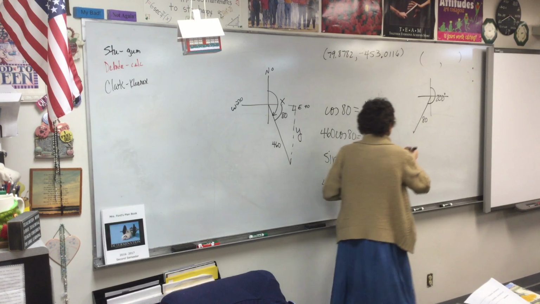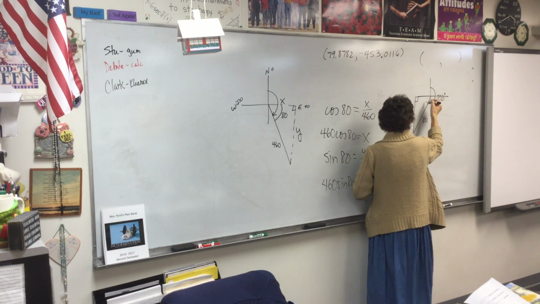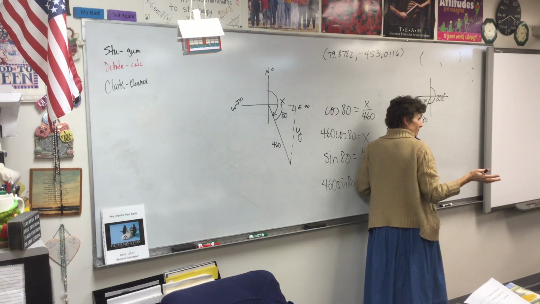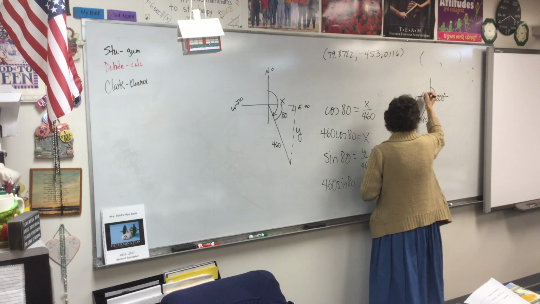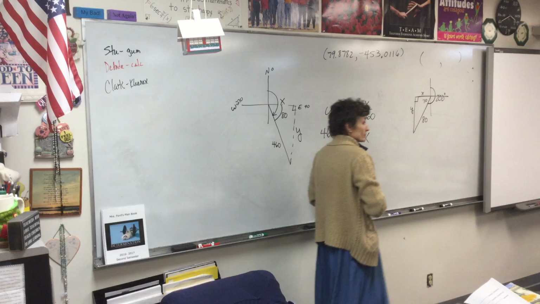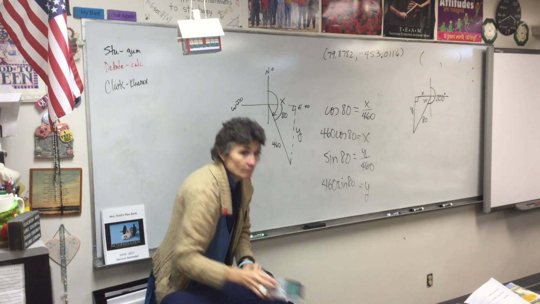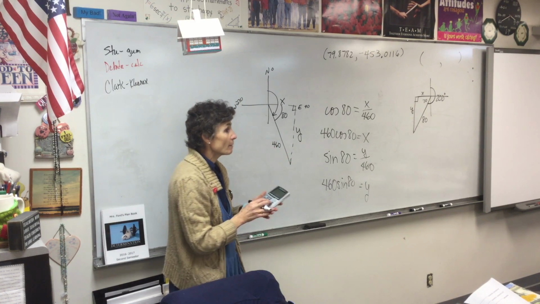So our bow tie triangle, straight up. How big is the angle this time? 70. Right? We're just going to figure that out because we're smart people looking at the picture. And I need x and y. So we'll find x and y the same way. All right, so go ahead and do that.